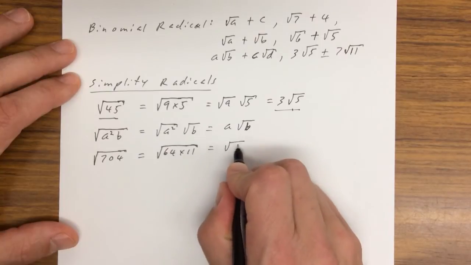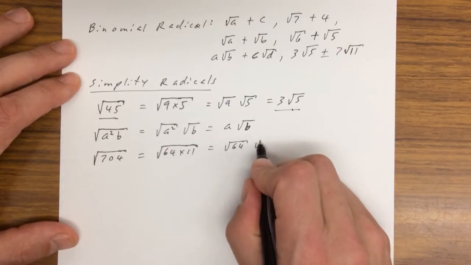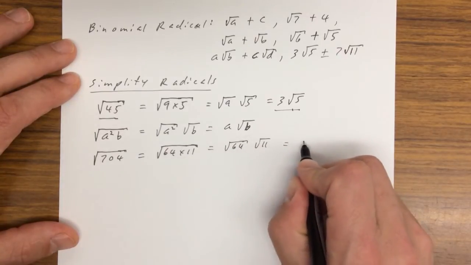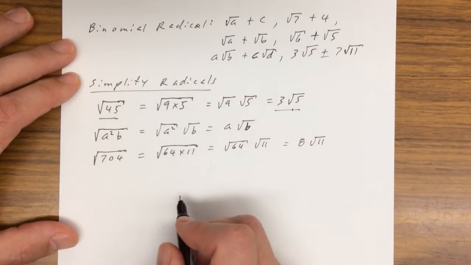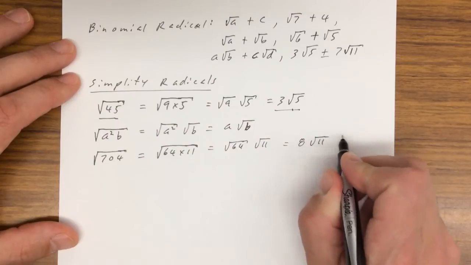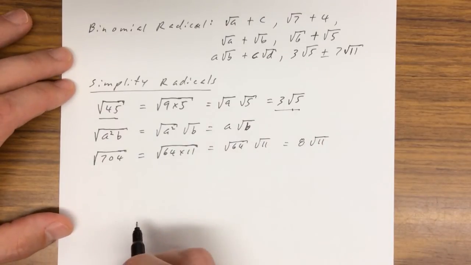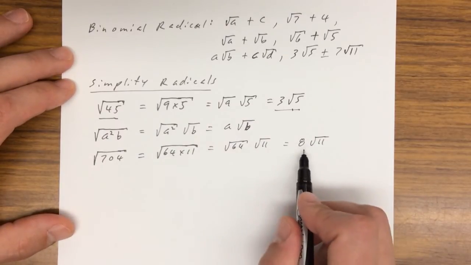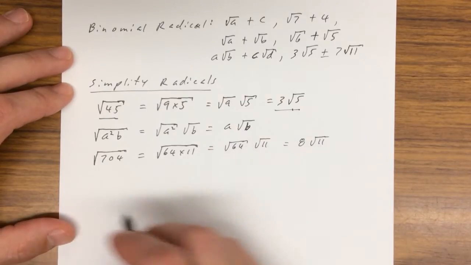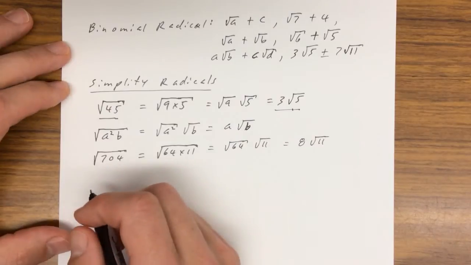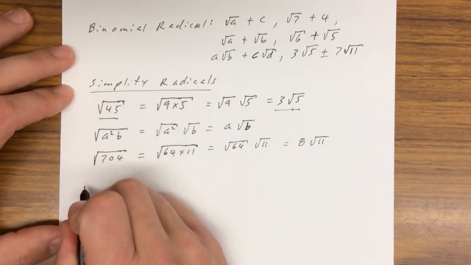And root 64 we know is 8, so that reduces to 8 root 11. Okay, so that's simplifying radicals, breaking it down so that you have the smallest possible number under the square root. Now, let's try multiplying radicals.